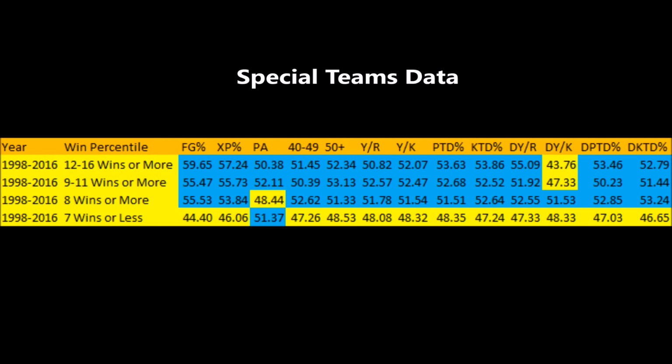It's still only a slight correlation, but it is something that I am going to be putting a bit more stock into overall. And then, of course, the other data when it comes to preventing touchdowns, there's a slight correlation there as well.